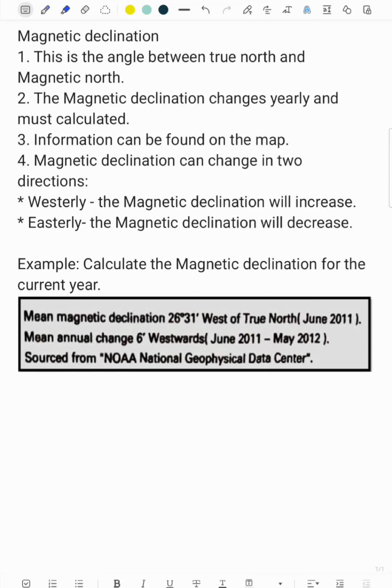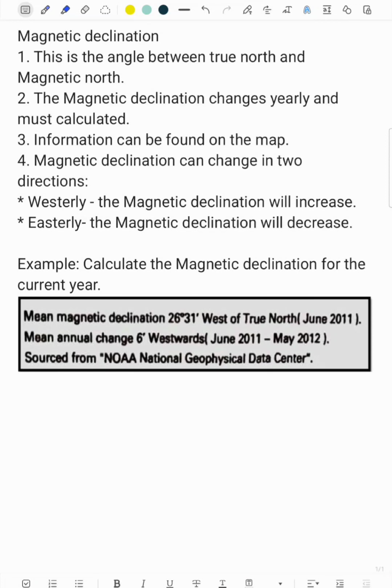What you need to understand about magnetic declination, secondly, is that it changes yearly, and it must be calculated because it changes yearly. The reason we calculate magnetic declination is because we want to get the position of the true north. Information to calculate magnetic declination can be found on the map.